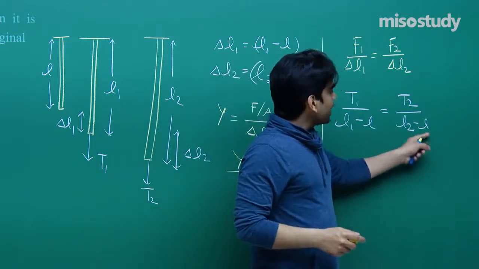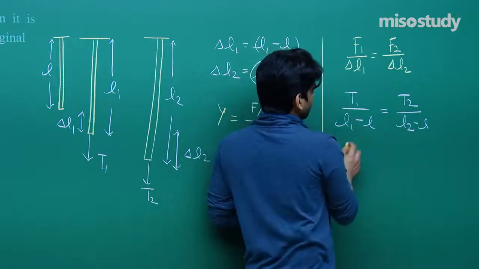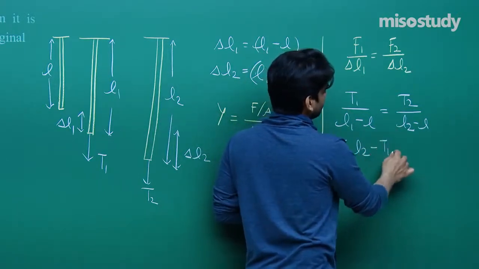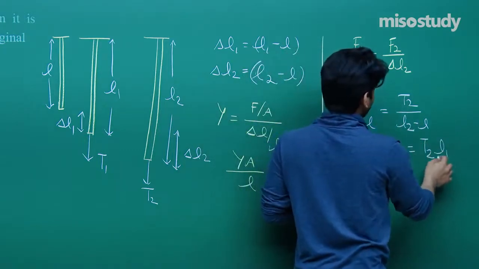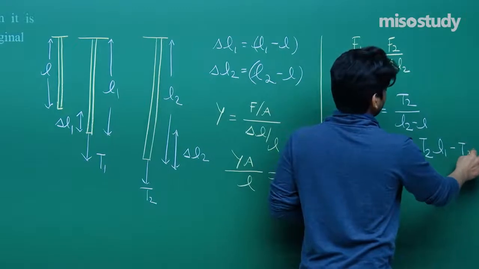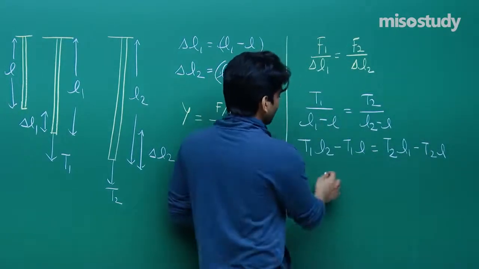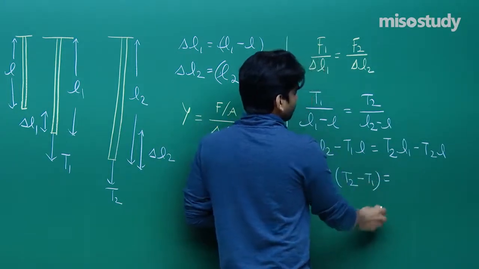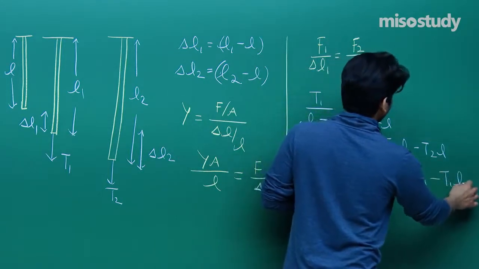Now easily we can give L in terms of T1, T2 and L1, L2. Multiply this term, you will have T1 L2 minus T1 L is equal to T2 L1 minus T2 L. Making L the subject, you will get L into T2 minus T1 is equal to T2 L1 minus T1 L2.